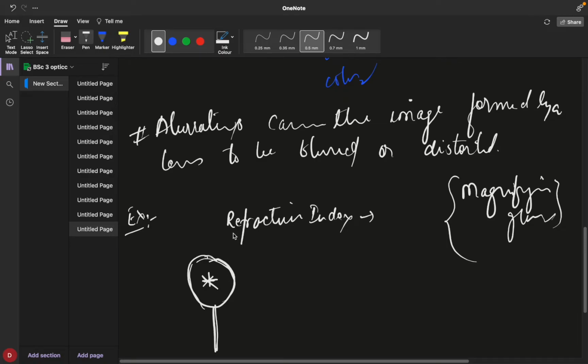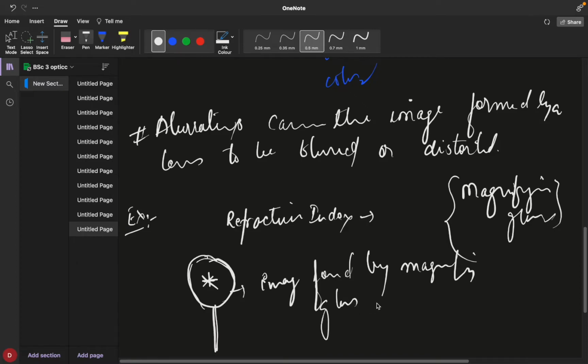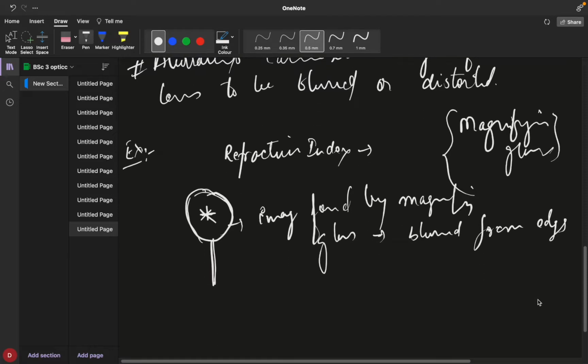So the image formed by the magnifying glass is blurred from the edges and clear at the center.